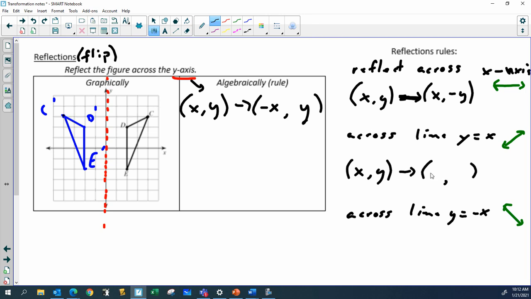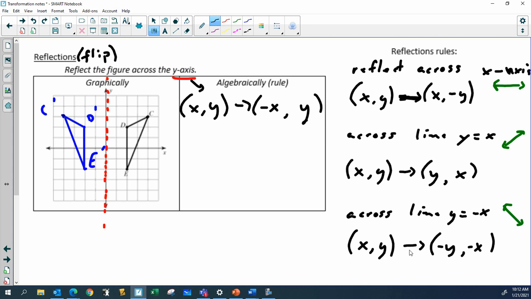So your (x, y) becomes (y, x). Like if I had (1, 2), the transformed point or reflected point would be (2, 1). And lastly, if I reflect across the line y equals negative x, you will see that your x and y values switch places in the coordinate, but they also change signs.